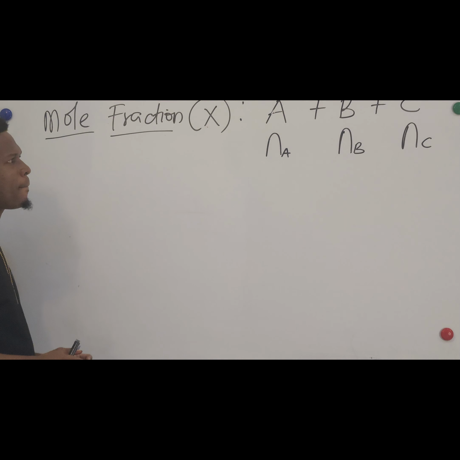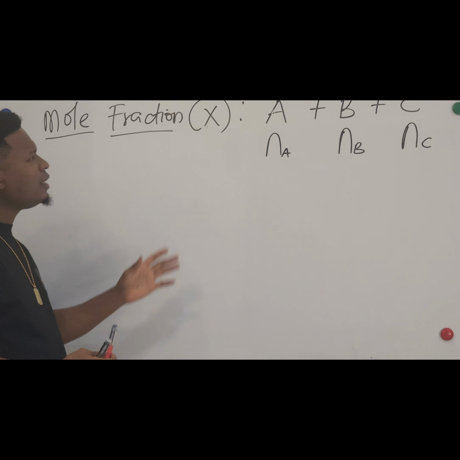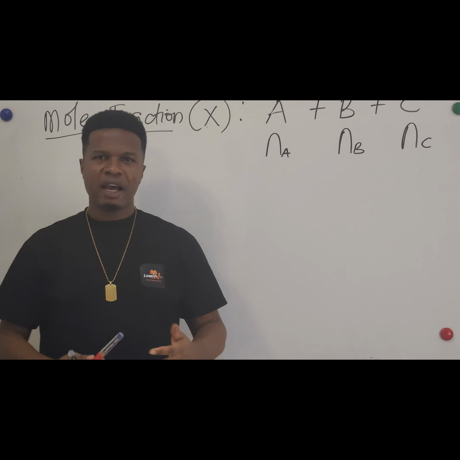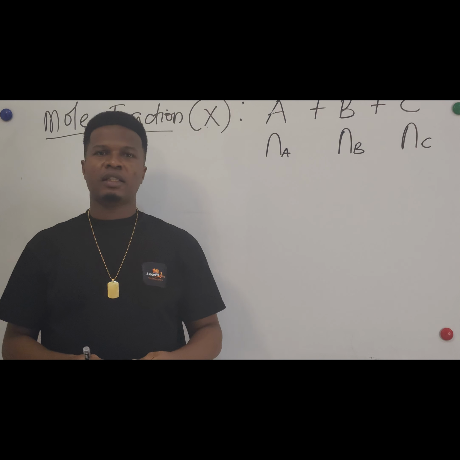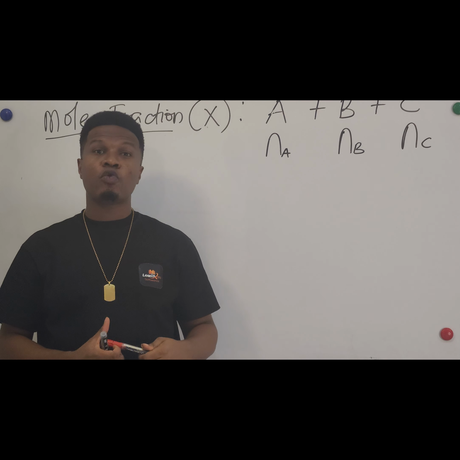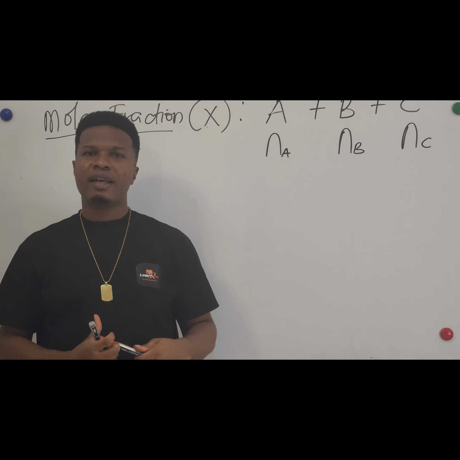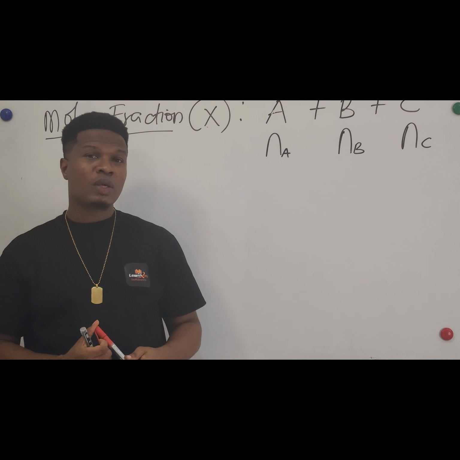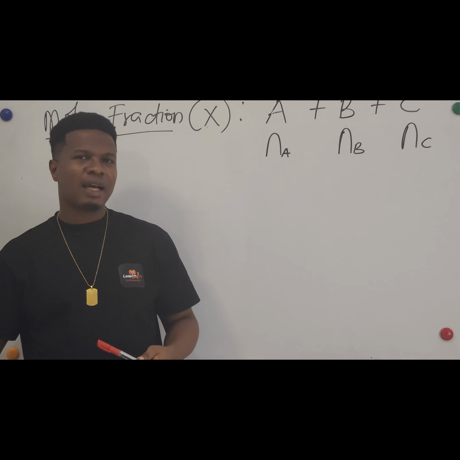Now, if I want to find the mole fraction of each of these, just like if in a class there are 100 students and 20 are boys, the rest are girls.